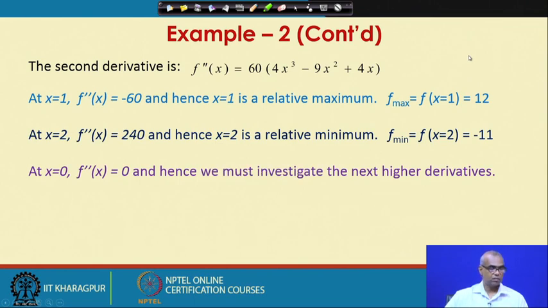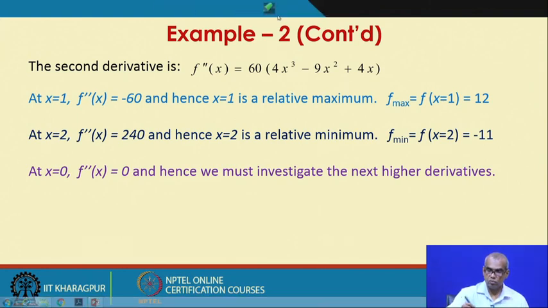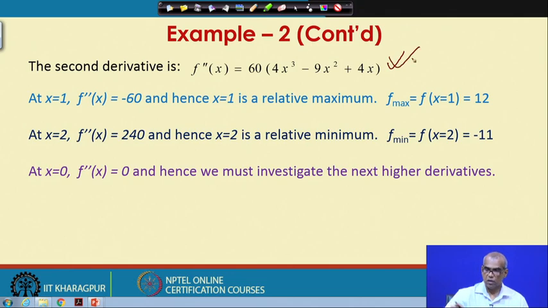Now, let us take x equal to 0. If we put x equal to 0 in this expression, we see that the value of the second derivative is 0. So, we cannot make any comment at this stage, we must take higher derivatives.